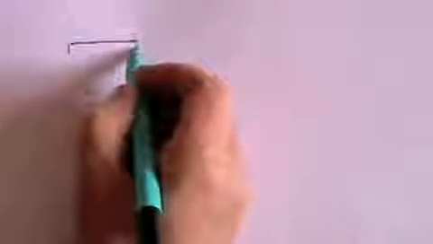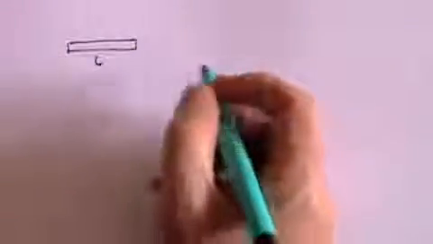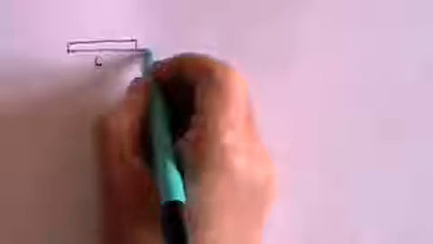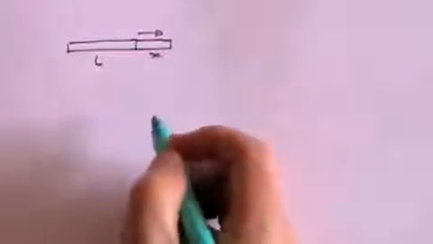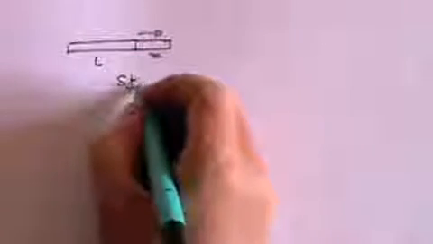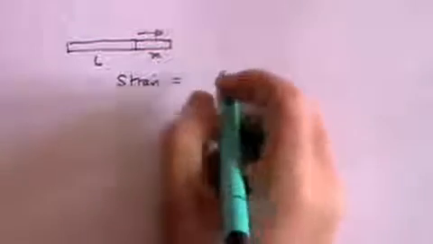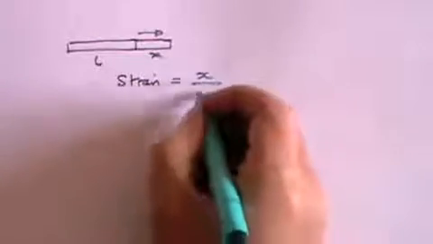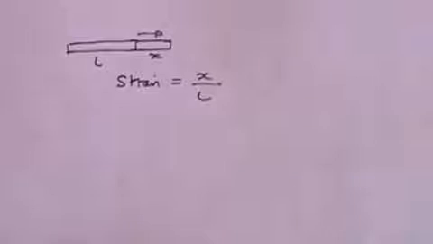Tensile strain, or strain by contrast, is the change in length compared to the original length. So if you have a wire that's of length L, and you extend it by a distance x by applying a force, then the tensile strain, or the strain, is equal to the extension divided by the original length.